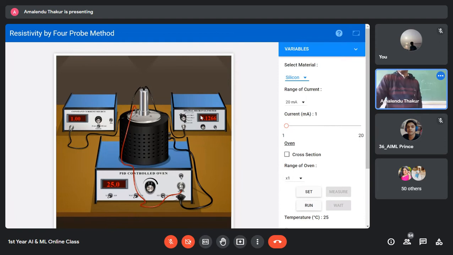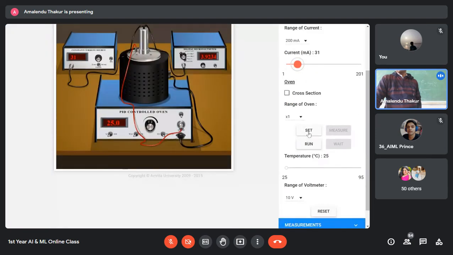Okay, range of current, what value may we consider? 20 to 200 milliampere. Suppose we supply current to the semiconductor like this, 29 or 35, 31, whatever it may be. This is 31, it shows 31, and it should be constant throughout the experiment, you know.